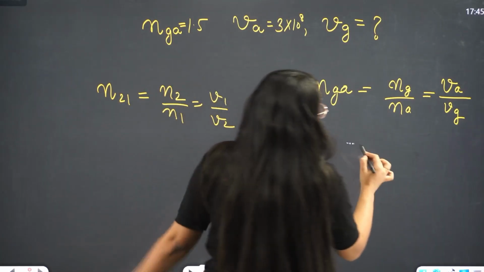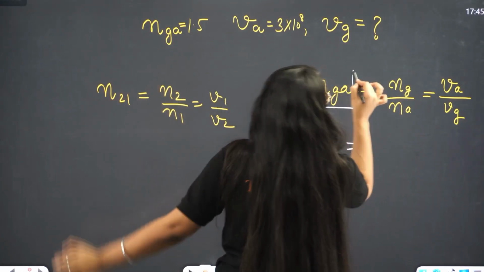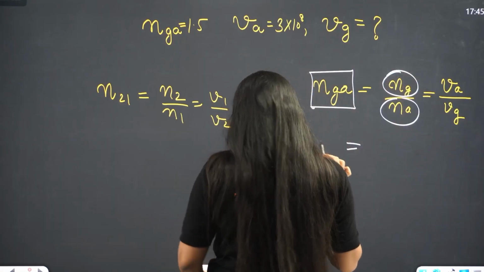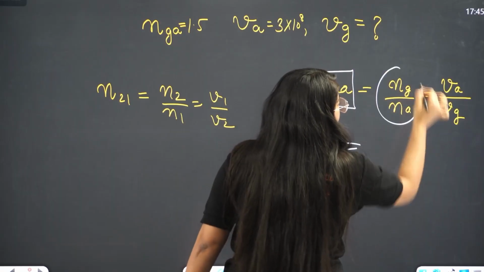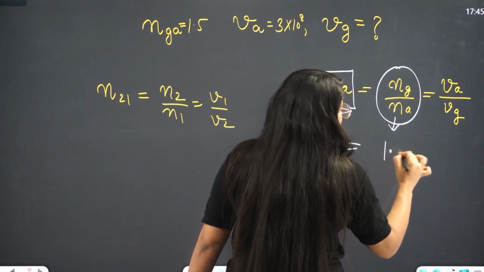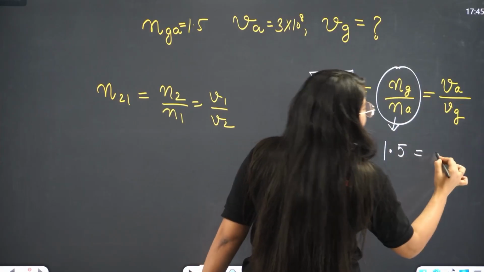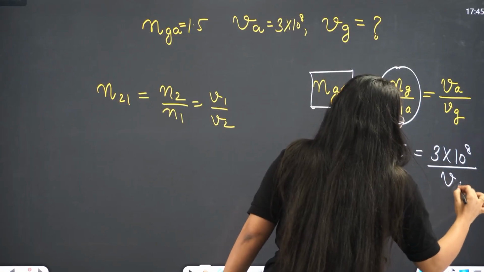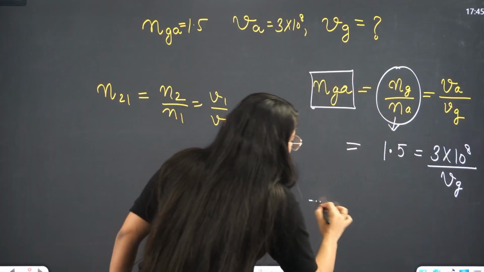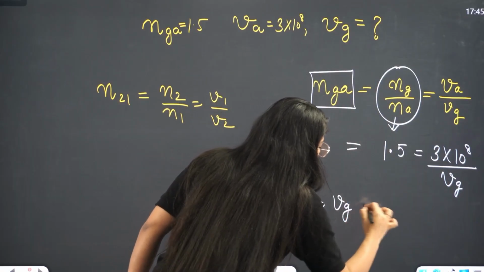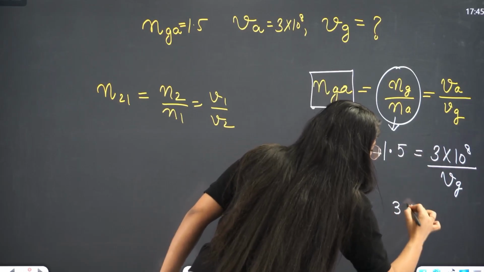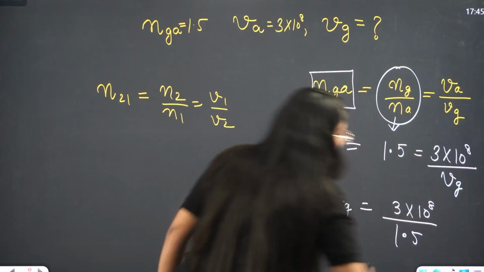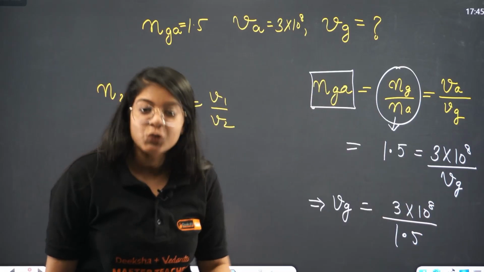Okay. So, N of G divided by N of A. See, NG completely is given. It's not like NG is given or alone NA is given. Both are given. So, in this whole place, you can write 1.5 equals V of A is given, 3 into 10 raised to power 8 meter per second, and V of G we have to find. Simply cross multiply. V of G comes here and this becomes 3 into 10 raised to power 8 divided by 1.5. Now 1.5 into 2 will be 3.